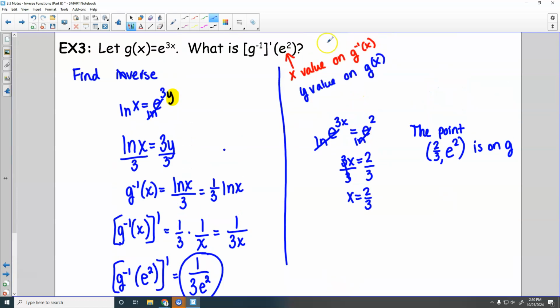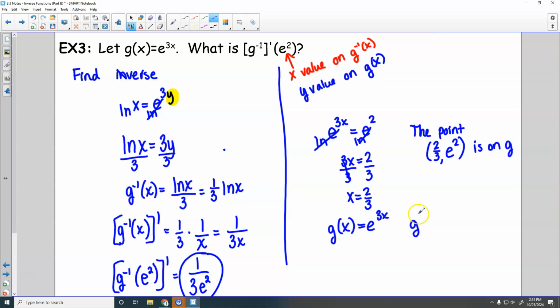Okay, so what was my x value here becomes my y value here, so I set it equal. I solve, I get my point, and then if I can find the derivative at that point, then the inverse is just going to be the reciprocal of it, right? So g of x just equals e to the 3x.